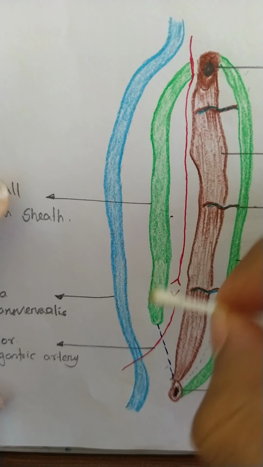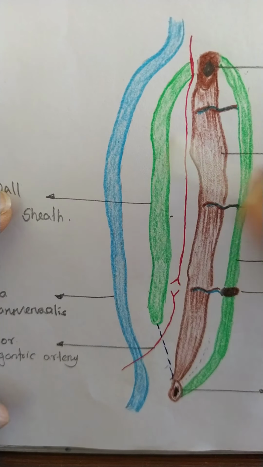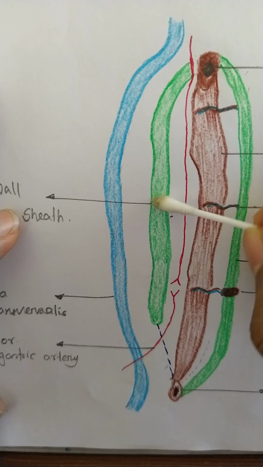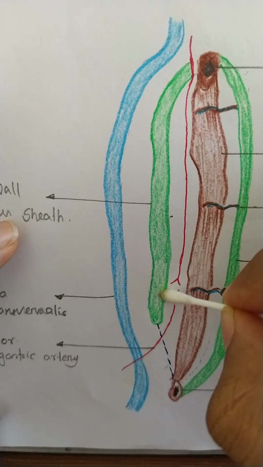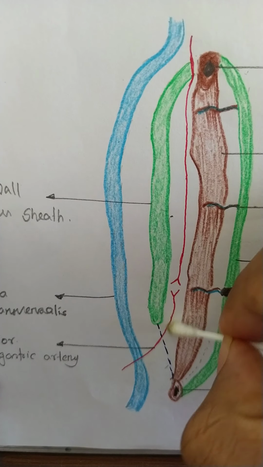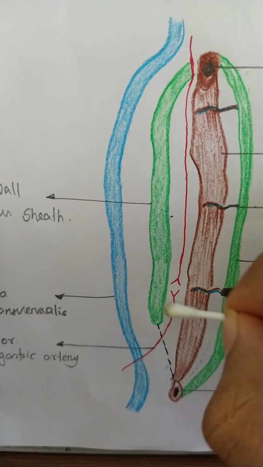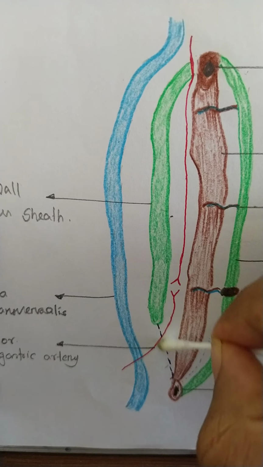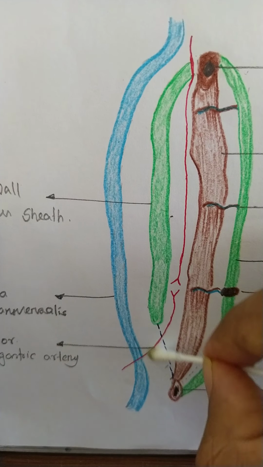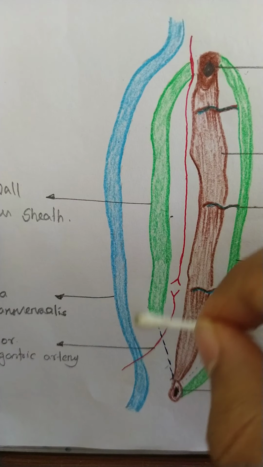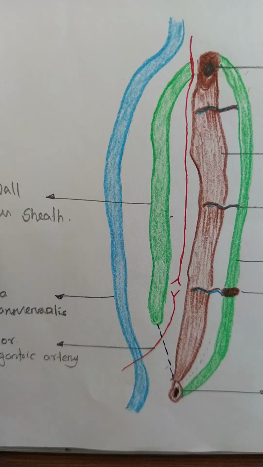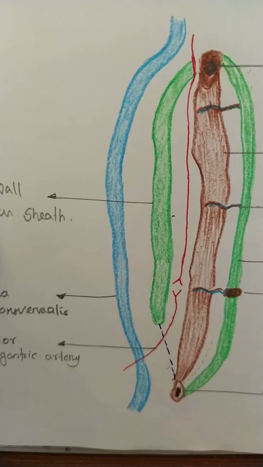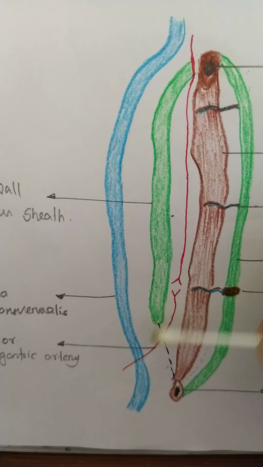I already mentioned that below the arcuate line there is no posterior rectus sheath, no muscular aponeurosis of posterior rectus sheath. Just below the arcuate line there is only fascia transversalis.